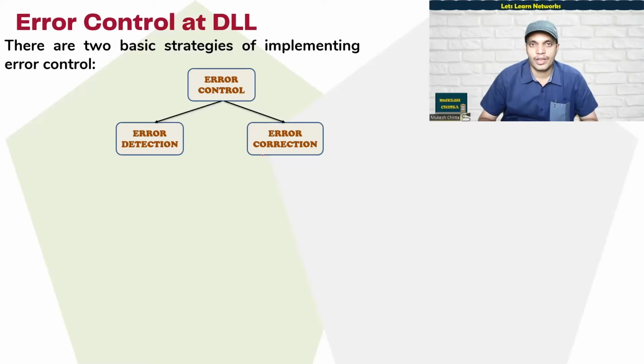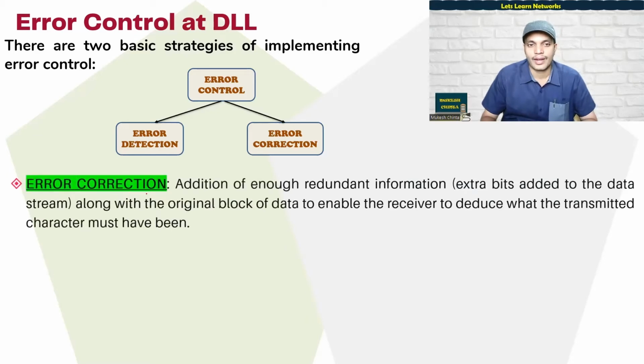Correction is very simple. If I know which bit position has been received with an error, I can simply change it from 0 to 1 or 1 to 0. That's it. Now, let us talk about error correction first. It is the addition of enough redundant information along with the original block of data to enable the receiver to deduce what the transmitted character must have been.